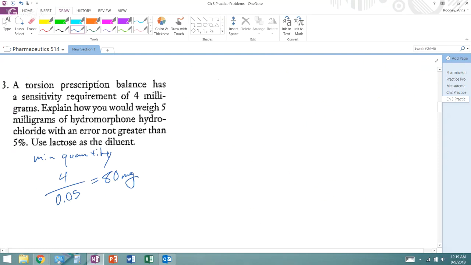Okay, and then so we take 80 as our new one, and then we want to find 5 milligrams. So then we find out that we have left over, and then those will be used in our ratio. Our ratio is 80 divided by 5. That equals 16. And then when we multiply these by 16, that's a large number.